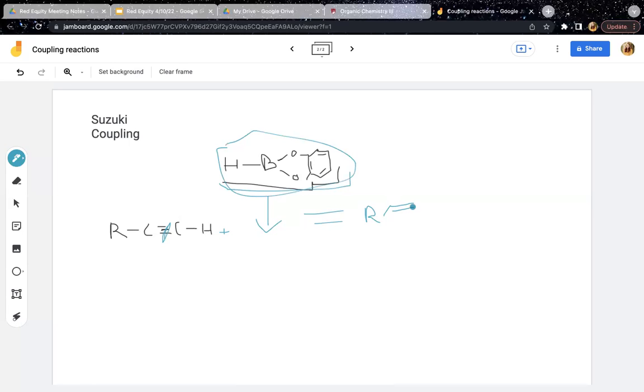So it's just going to be like that. And then you'll draw the B. So this is just kind of what it looks like. I'll finish drawing out the molecule here.